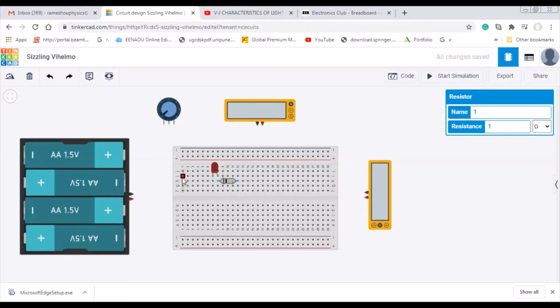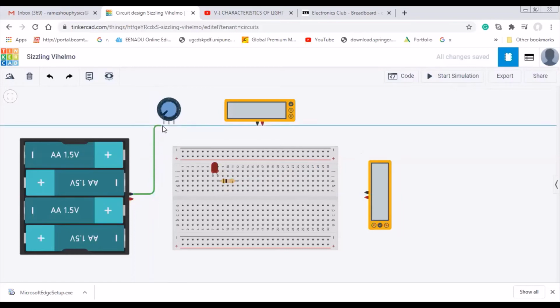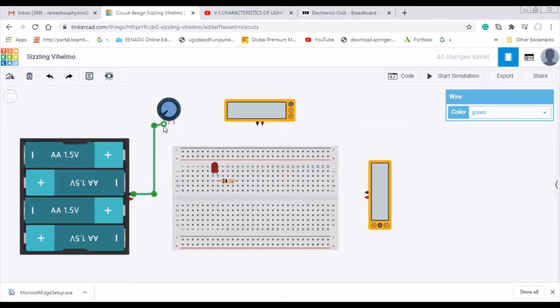From the battery's point of view, the battery negative is connected with one of the terminals of the potentiometer, and to represent the negative, I make it black.